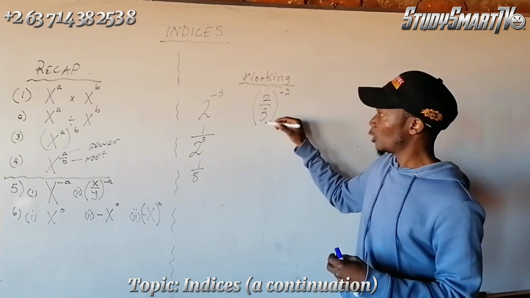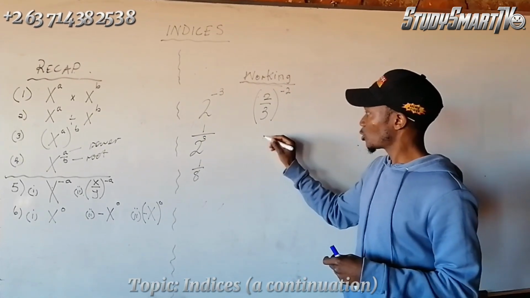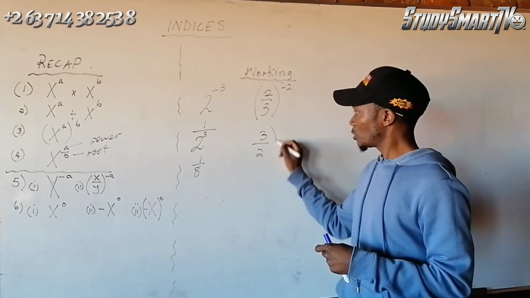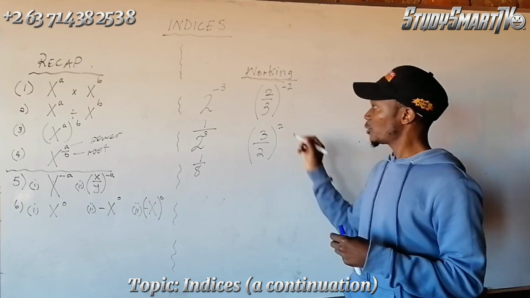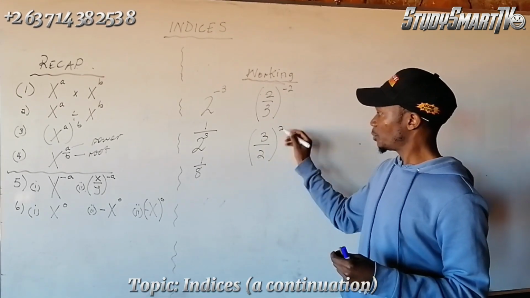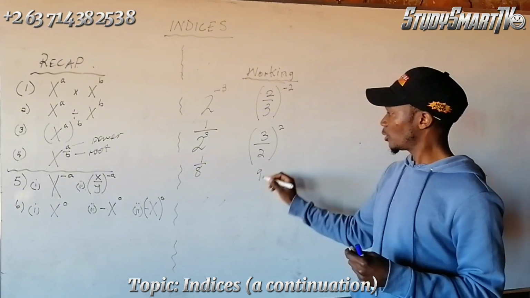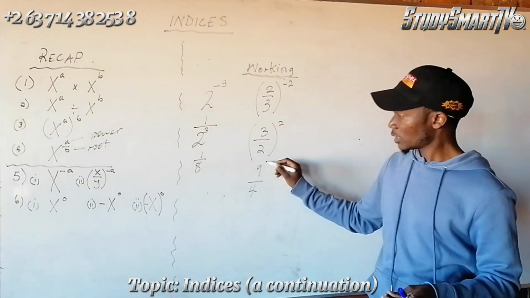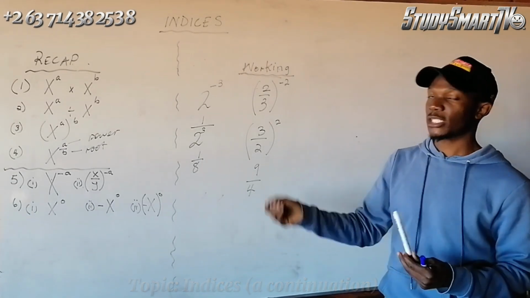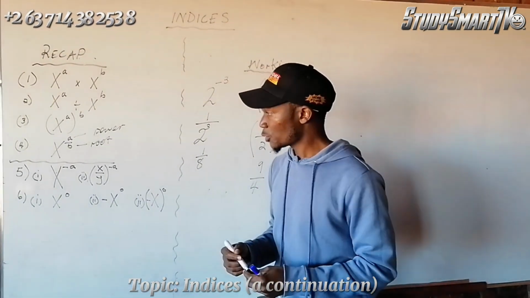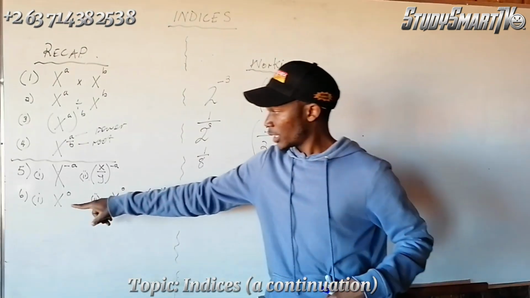The 3 goes on top and 2 at the bottom. So it will be 3 over 2 to the power, it now becomes a positive 2. So then we simplify. 3 to the power 2 gives us 9. 2 to the power 2 gives us 4. But in mathematics, we do not leave out a mess like that. We change it to a mixed fraction. Right?